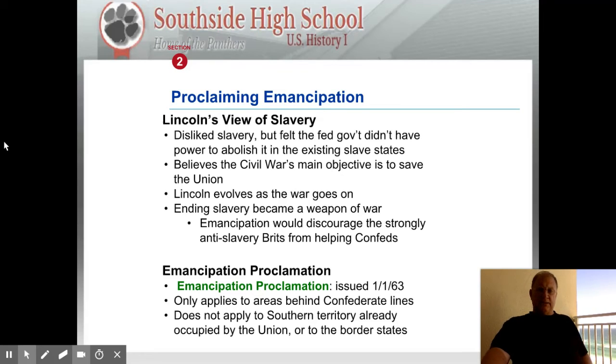Now, the Emancipation Proclamation did not free the slaves in states that remained loyal to the Union, only in the rebel states. And in reality, it didn't apply to anybody because the rebel states were under rebel control. And the areas of those rebel states that were occupied by the Union, the Emancipation Proclamation did not necessarily apply.